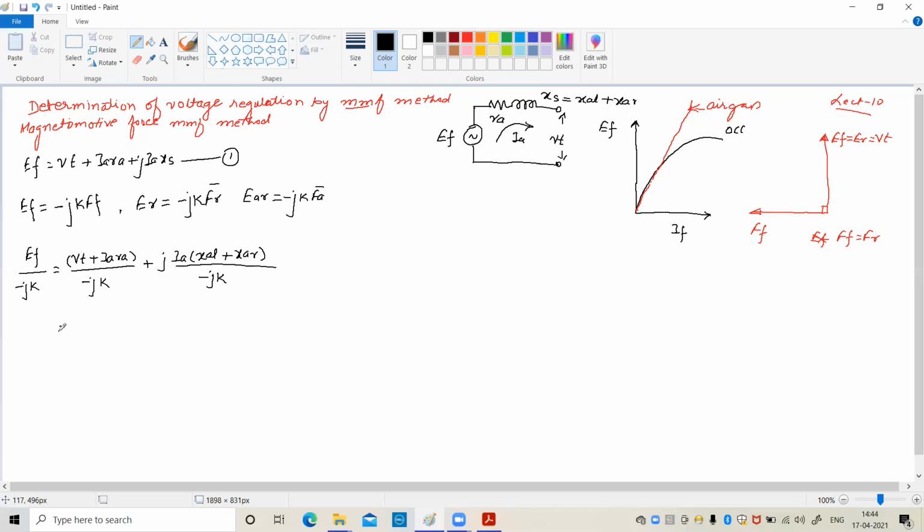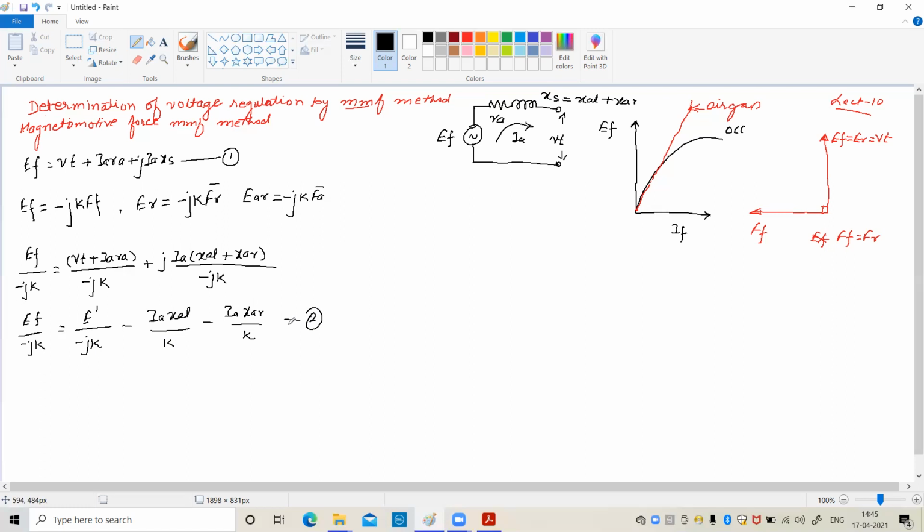We can represent EF divided by minus JK as E dash. So E dash is equal to VT plus IARA, converted into equivalent MMF, minus IAXAL divided by K minus IAXAR divided by K. This is equation number 2.